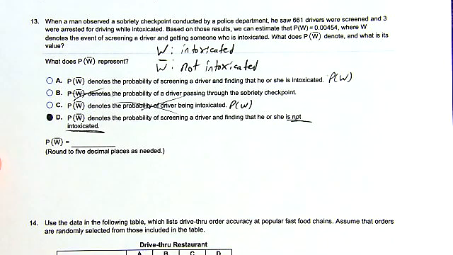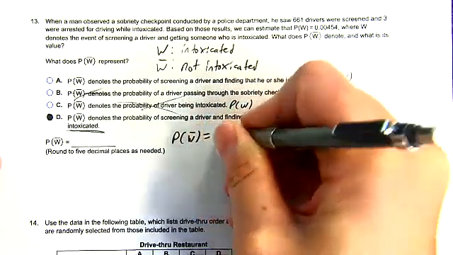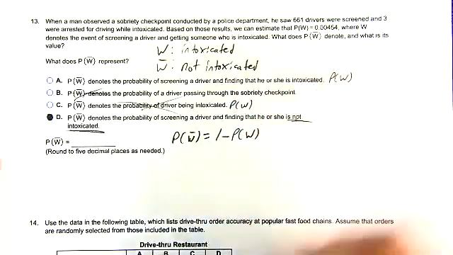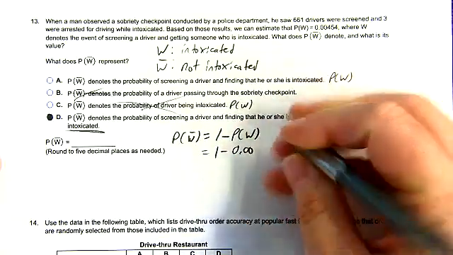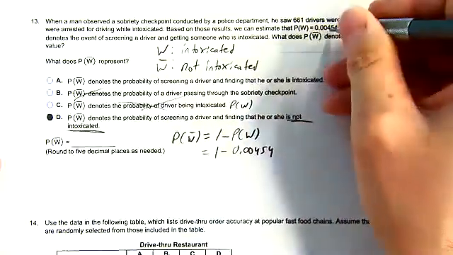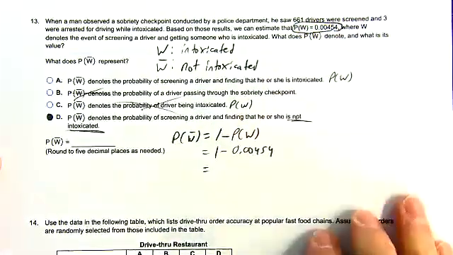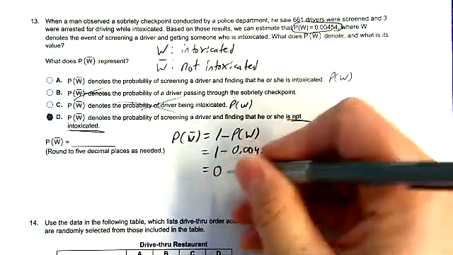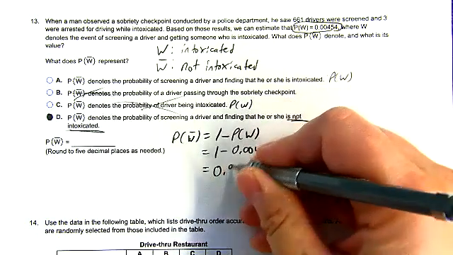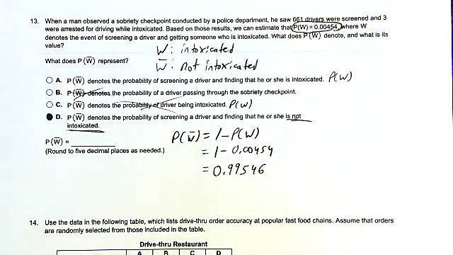Now, what does it equal? Well, again, P of W complement should equal 1 minus the probability of intoxicated, 1 minus 0.00454, because that was what was given as P of W. This equals... and this is where you have to be a little careful. In some of these problems, they want you to keep every single decimal. And in this one, they do. So you get kind of a lot of numbers here.